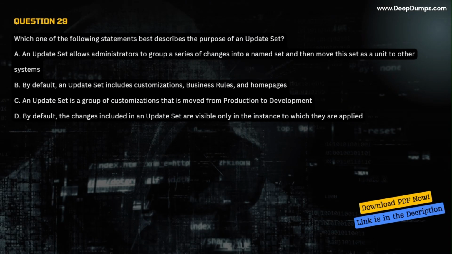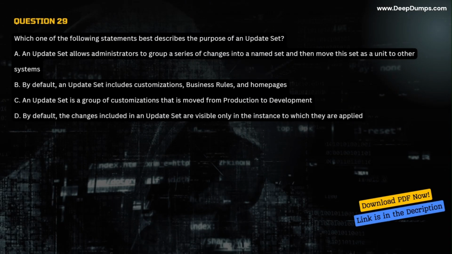Question 29. Which one of the following statements best describes the purpose of an update set? A. An update set allows administrators to group a series of changes into a named set and then move the set as a unit to other systems. B. By default, an update set includes customizations, business rules, and home pages. C. An update set is a group of customizations that is moved from production to development.